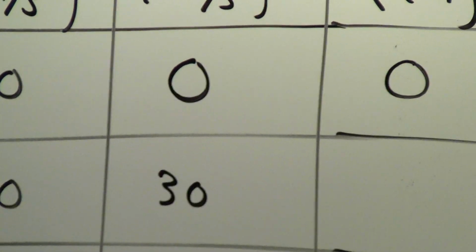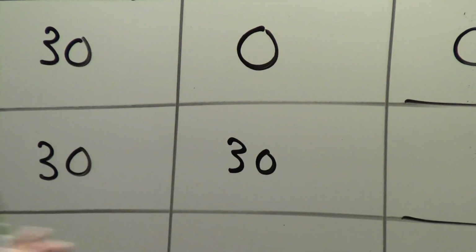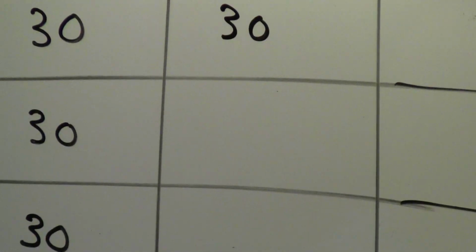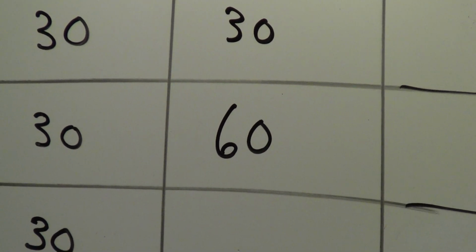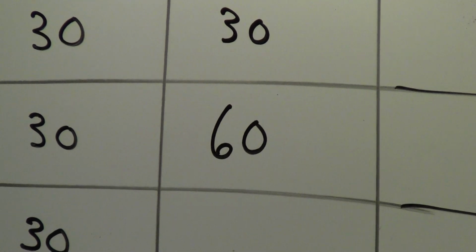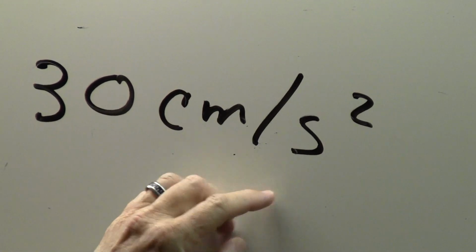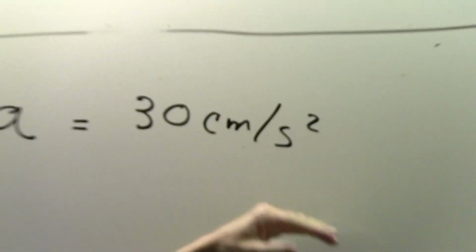30. Exactly. So how much would I have after 2 seconds? I hope you're seeing it. 60, right? It says go up by 30. That's what this whole thing means. Change your speed by 30 centimeters a second each second.